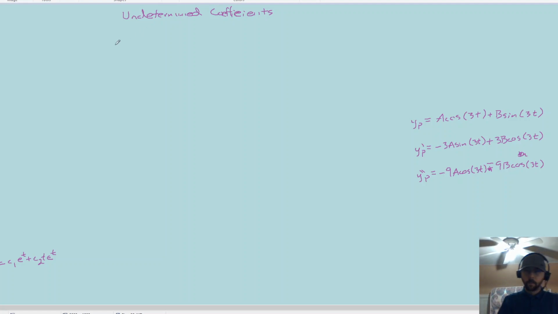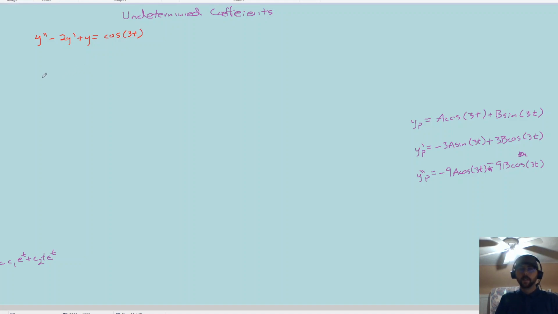Alright, so now, oh, I needed the original problem. Well, I have the original problem written right here. So our original problem was y double prime minus 2 y prime plus y equals cosine of 3t.